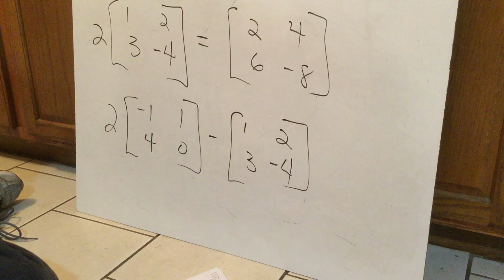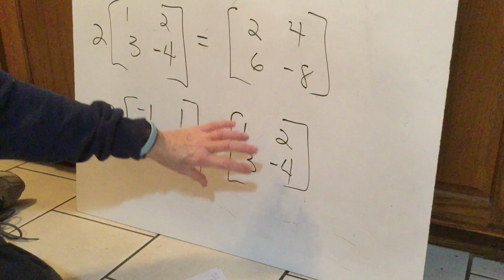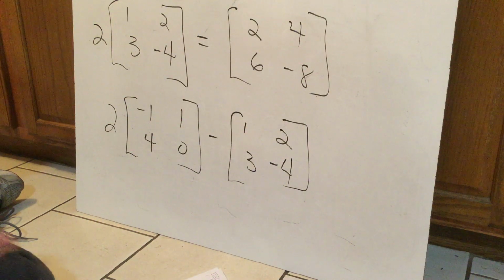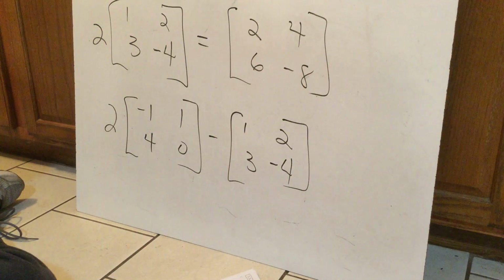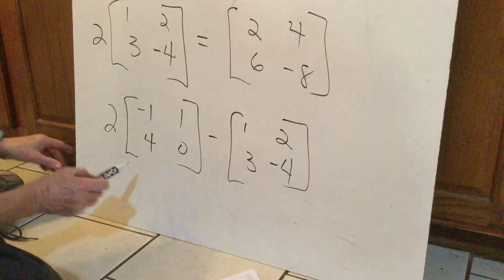This is just like addition. Subtraction has the same rules as addition. You cannot subtract if they're not the same size. Well, we're in luck, aren't we? This is a 2 by 2, and that's a 2 by 2. So we're going to be able to subtract. But before we subtract, we're going to have to do our scalar multiplication.